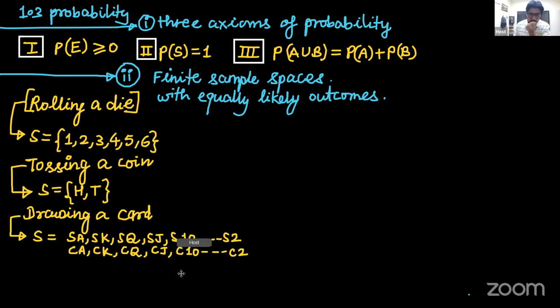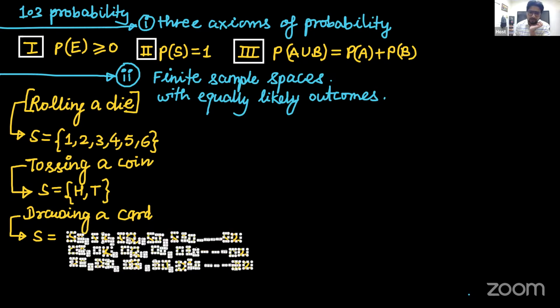If you draw a card from the pack of 52 cards, you might get the ace, king, queen, jack, 10 of diamonds and finally 2 of diamonds.